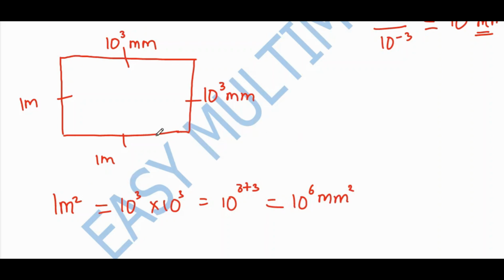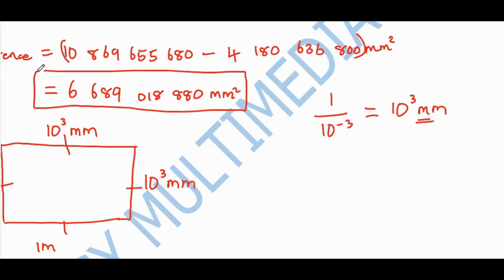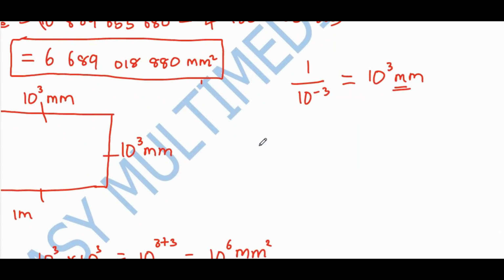Now this is the conversion factor, but we have our area here, which is in square millimeters, and we have to change it into square meters. So we have to take this area and divide by 10 power 6, which means we move the decimal point 6 places to the left by division.